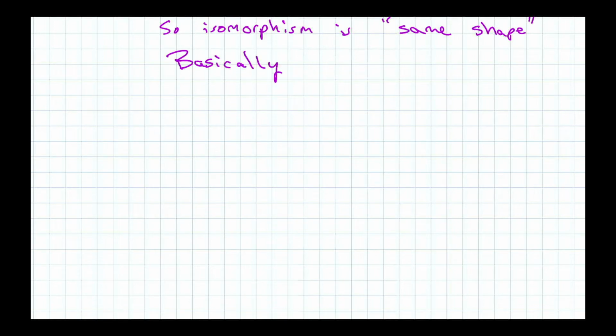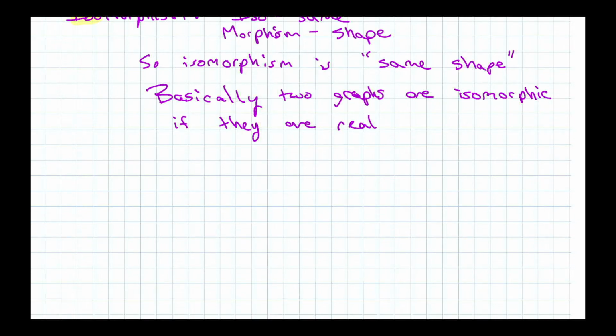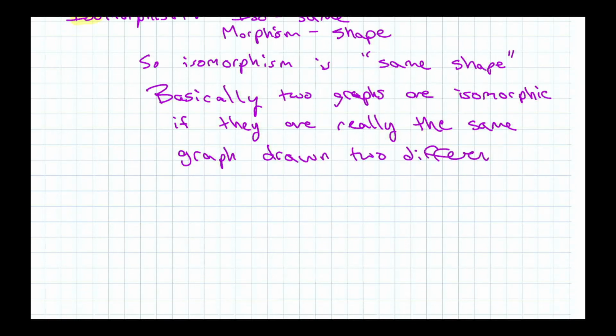Two graphs are isomorphic if they are really the same graph, drawn two different ways.